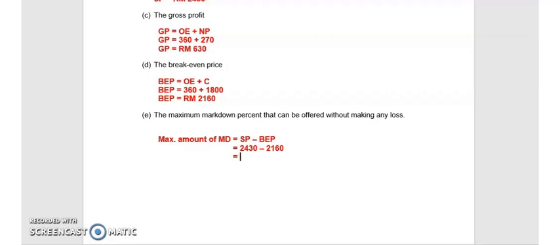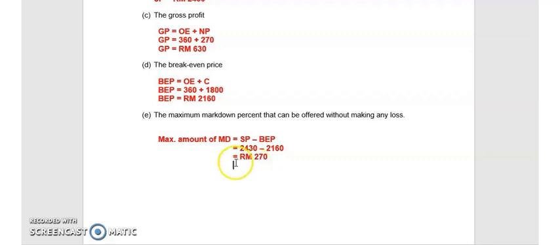So this is the maximum amount of discount or markdown that you can give to your customer. Maximum you can give is at most 270. If you give a markdown of more than 270, later on you will suffer a loss. But if you give less than 270, you still have profit.